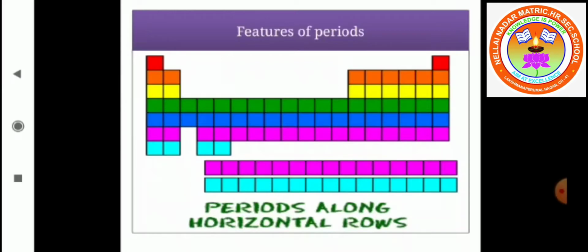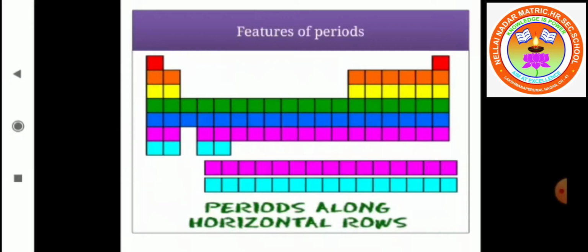Okay, children. So this is an outline about the features of periods in the modern periodic table. The modern periodic table consists of 7 periods. The first period consists of only 2 elements. The shortest period in the modern periodic table is the first period. Second and third periods consist of 8 elements each.